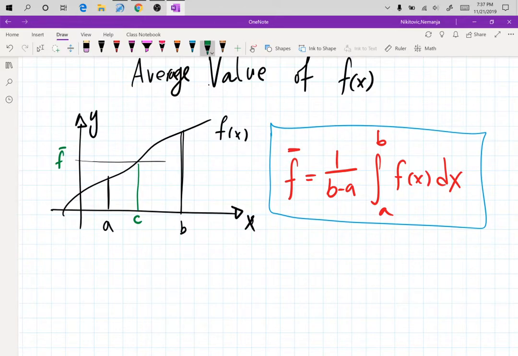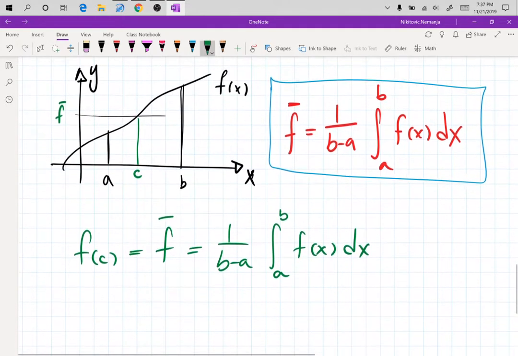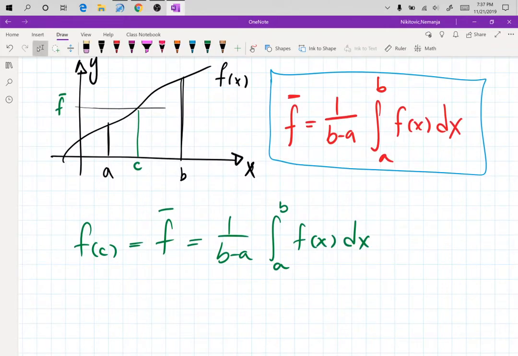So f of c is equal to the average value of f, which is 1 over b minus a, integral from a to b of f of x dx. So you can compute the value of c for which you get the average value of the function. It's the same formula, it's just an extra step for you to calculate.